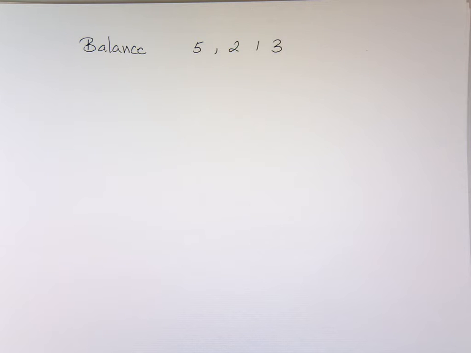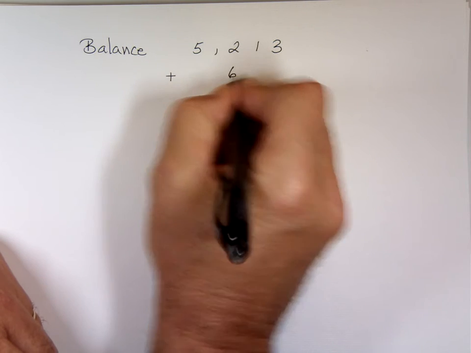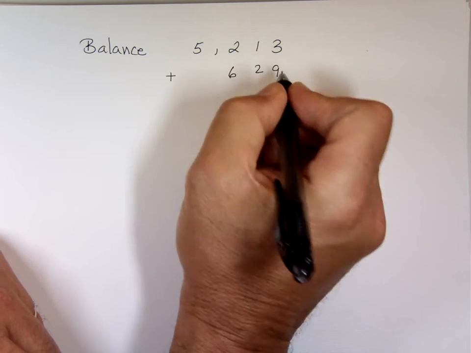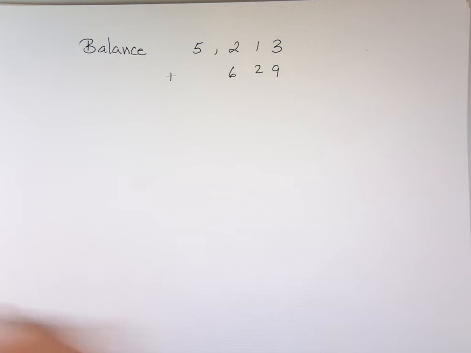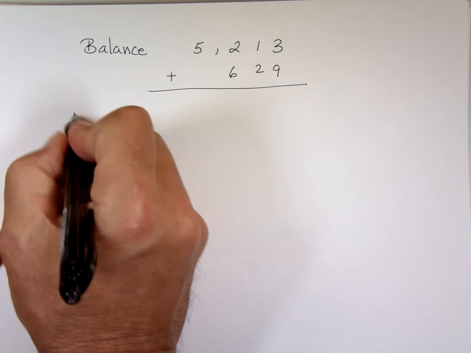Friday you got home and your check came in the mail from work. They mail it to your house. You get your check on Saturday. And today you're going to deposit that check into your account. So you're going to be adding now. Today's check was $629. And you want to add that to your balance. So I'm going to go to the bank and deposit that. So what's your new balance now?